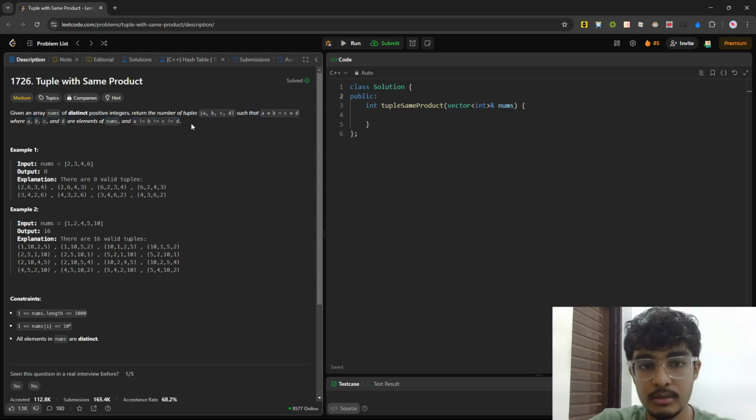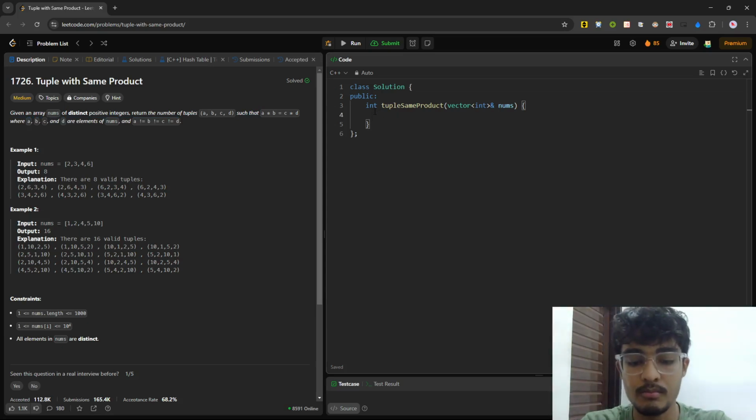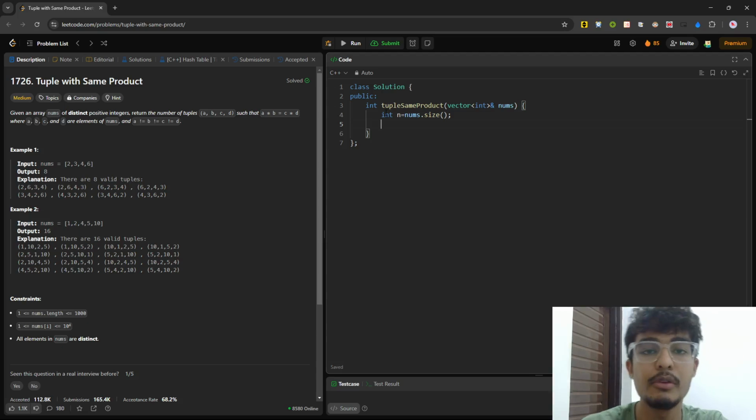So let's try to implement this. Now we have to keep track of the frequency of all the products, so for that we will use hashing.